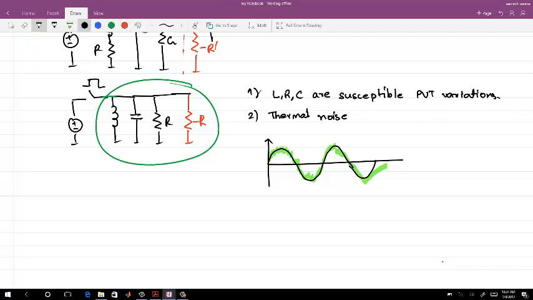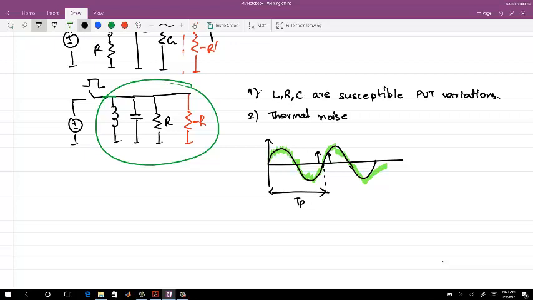Now, whether the transition happened here or here depends on the noise. As that depends on the noise, your time period actually changes. Time period is just the separation between two zero crossing points with the same slope.